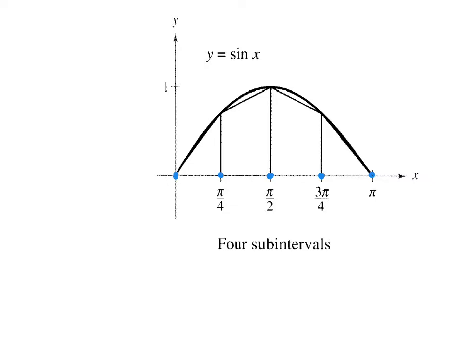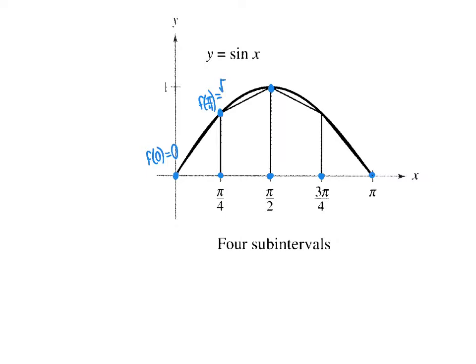And that's important because to find bases for the trapezoids, I've got to use f of 0, which in this case equals sine of 0, which is 0. I've got to do f of pi over 4. Well, sine of pi over 4 equals root 2 over 2.